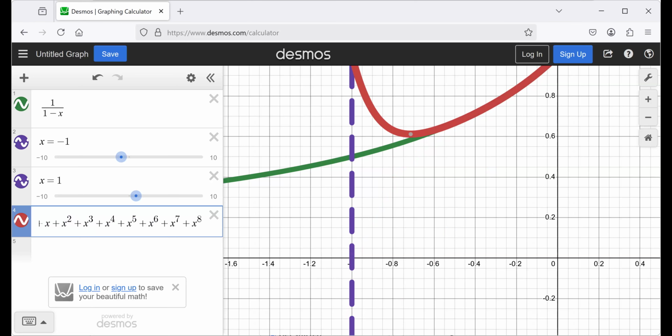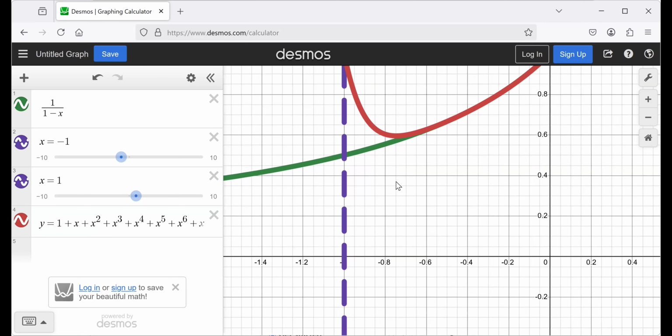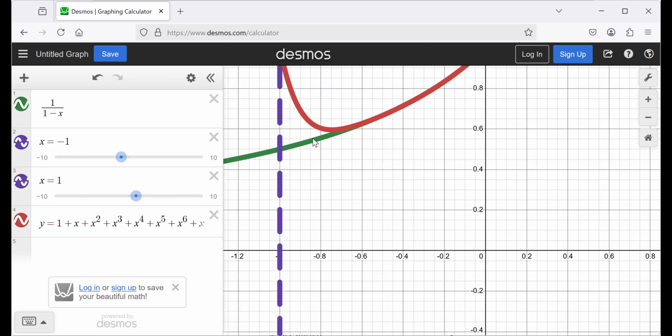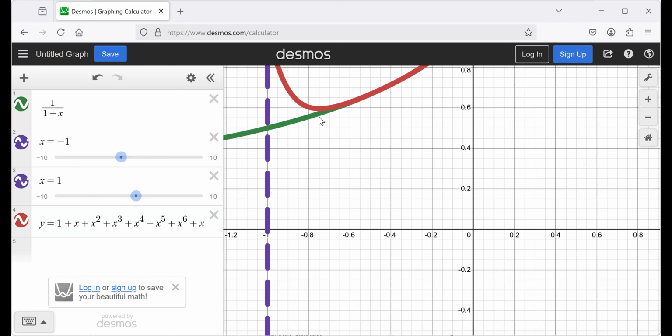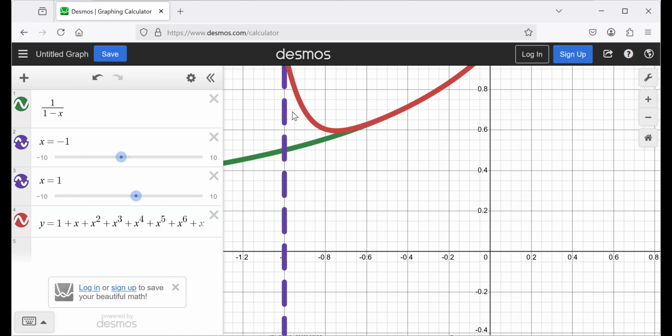I got up to 10 terms last time before I got sick of it. And I wrote down 10 terms, and this polynomial still doesn't look like this function here, around -0.8.